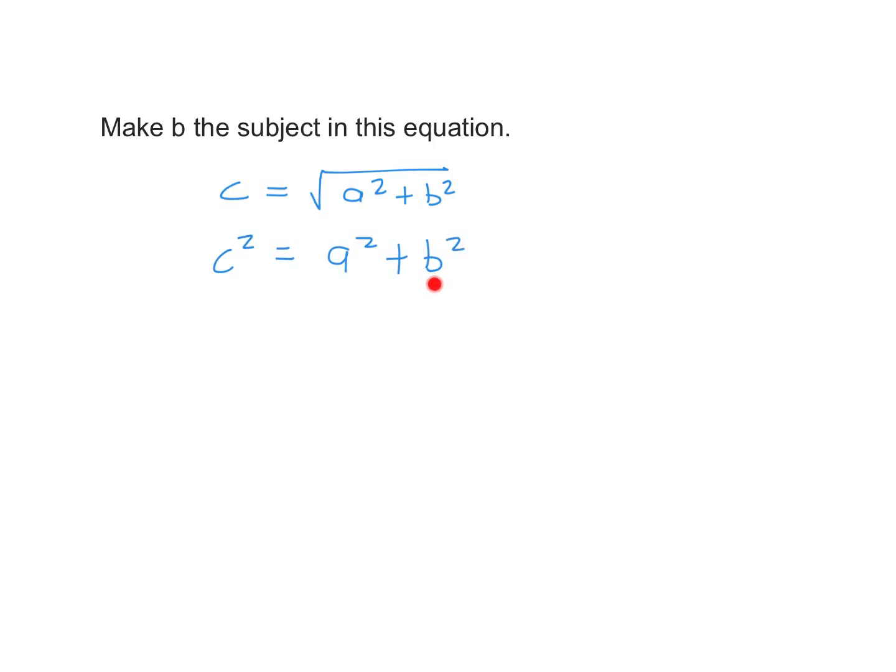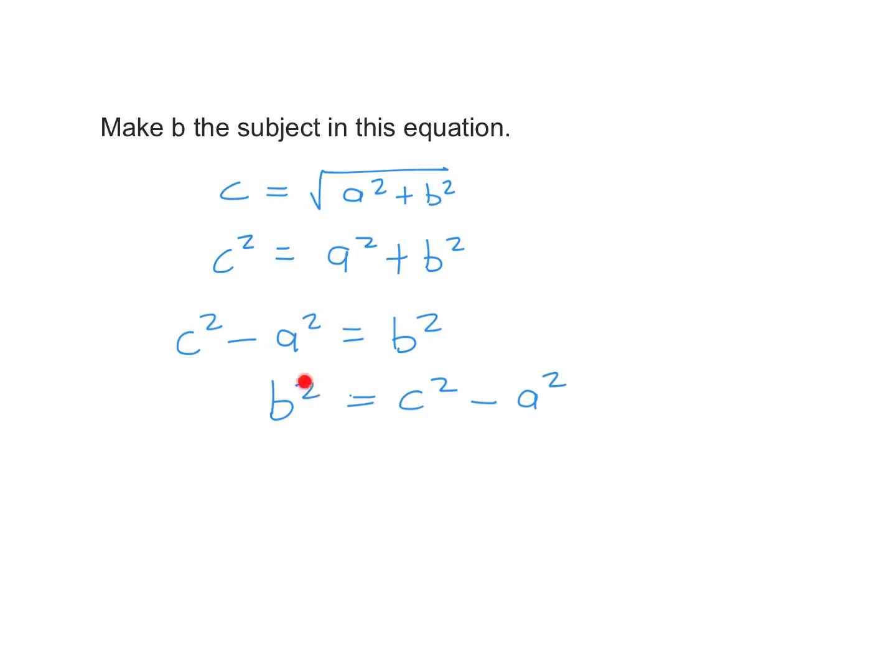Alright, the next little problem is getting b squared by itself first of all. So I'm going to move a squared to the other side. So I'm going to have c squared minus a squared equals b squared. We then make b the subject, so it'll be b squared equals c squared minus a squared.